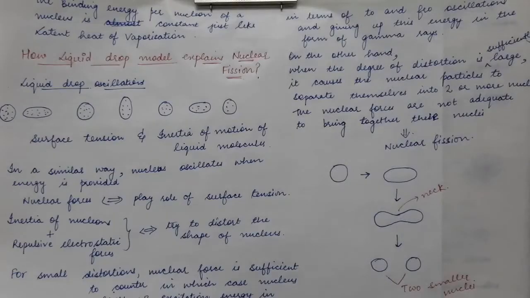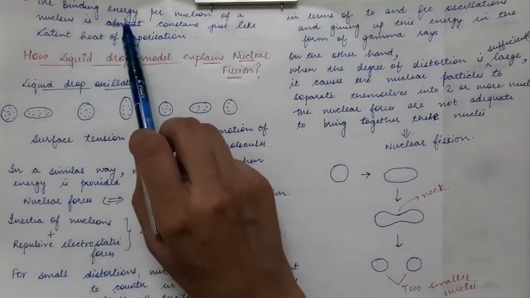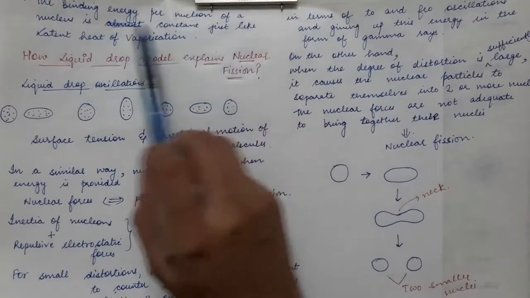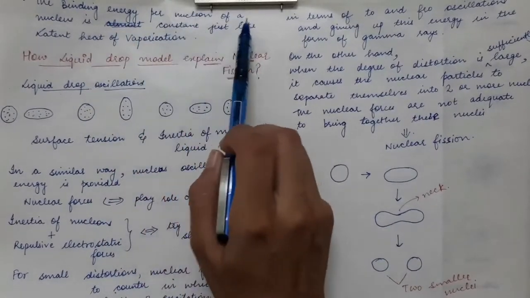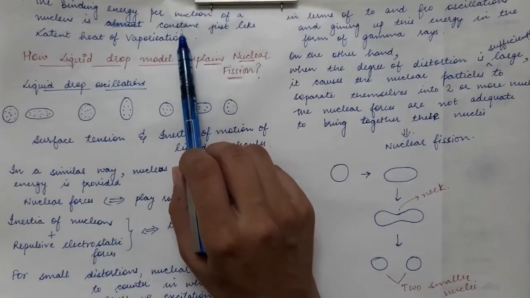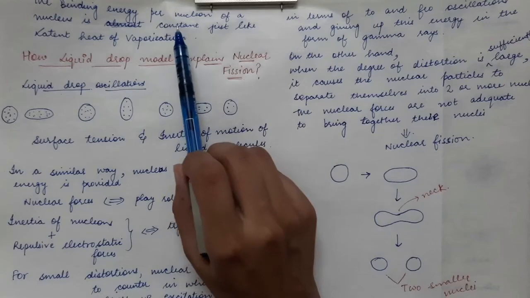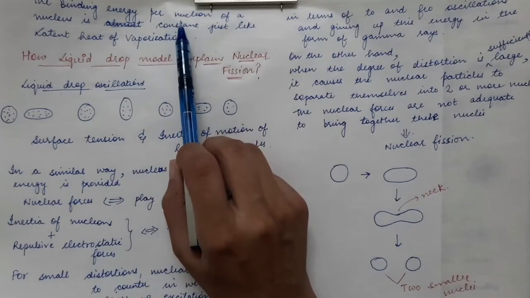The last analogy between the liquid drop and the nucleus is that the binding energy per nucleon of a nucleus is constant. The binding energy per nucleon of a particular nucleus is always a constant. As we have seen in the case of iron 56, the binding energy per nucleon is approximately 8.8 megaelectron volts.